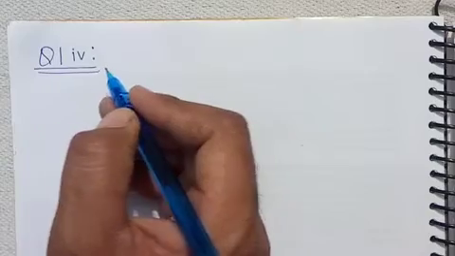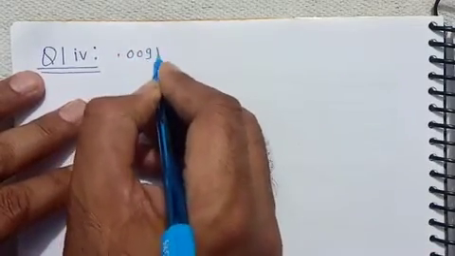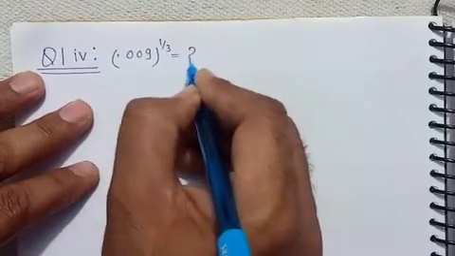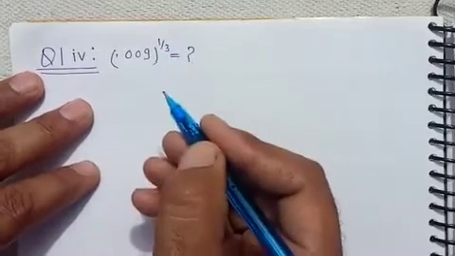Find the approximate value of 0.009 raised to the power 1 upon 3. Calculate this value. First step, assume a suitable function.